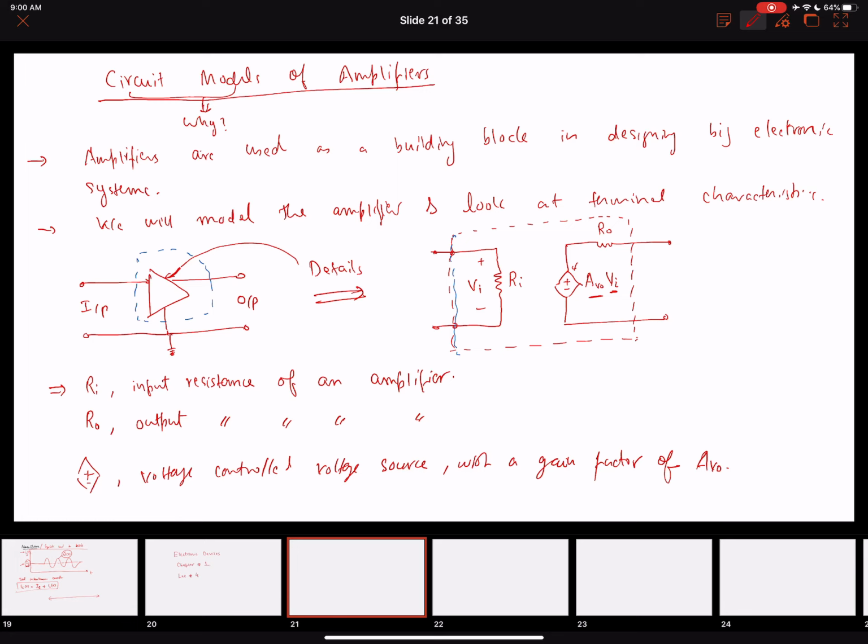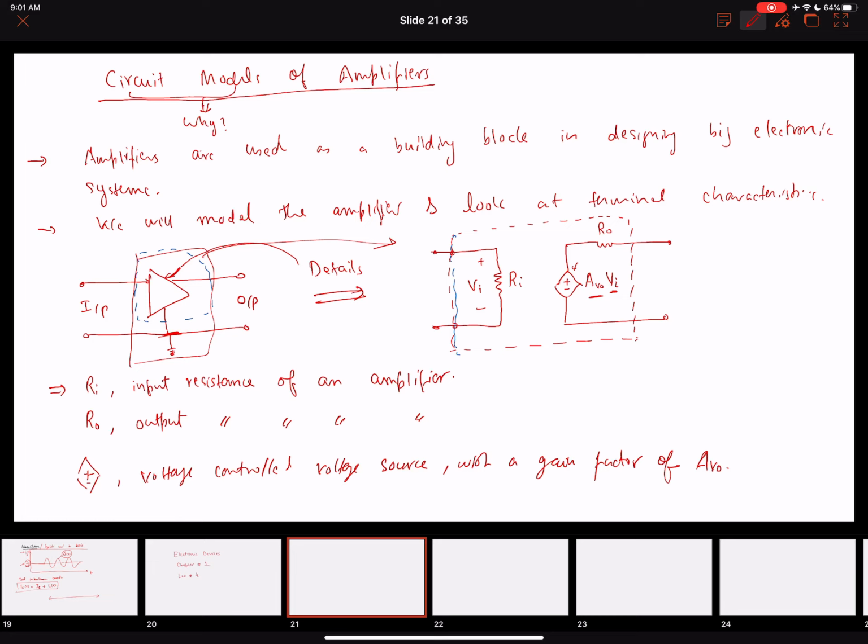All right, so by now what we have done is we have made an equivalent circuit of the amplifier, right? So this was the circuit model of an amplifier. It has an input resistance Ri, that is the input resistance of the amplifier, and there is going to be a voltage drop across it, which is Vi.